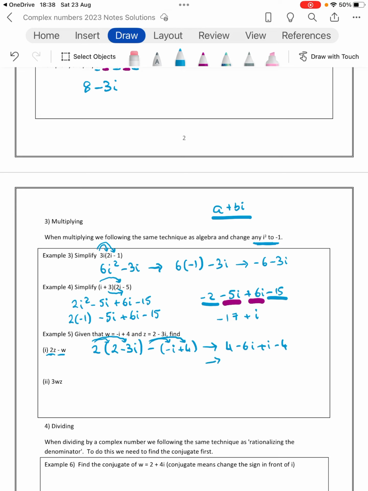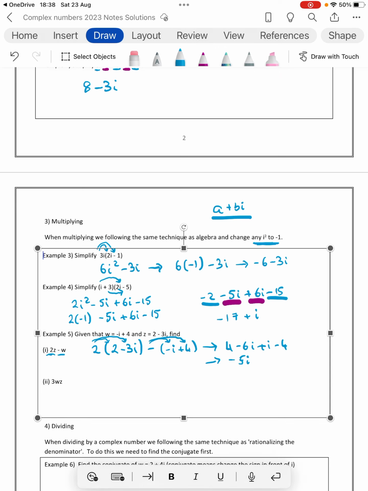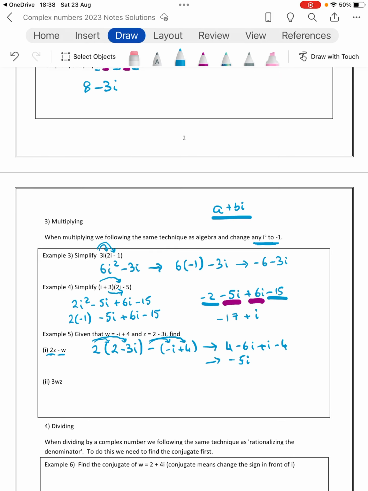And I end up then tidying that up, and the 4s here cancel, so you can write a 0 plus if you wish. You don't have to, it's up to yourself. And you can also just write it as the minus 6 and the plus 1i, that'd be minus 5i. So either 0 minus 5i or just minus 5i on its own is completely fine.